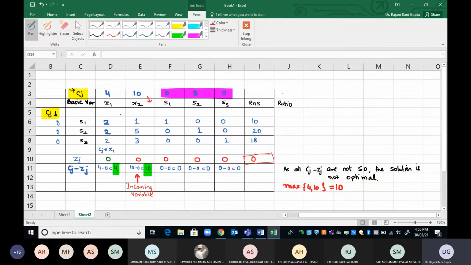So when this calculation was done, the employer saw that if the x1 variable enters the company in the position of s1, s2, s3, the employer will get a profit of 4 units. On the other hand, if x2 is introduced in place of s1, s2, s3, it will give a profit of 10 units. So definitely the employer wants to try the one which is giving maximum profit, right? So out of 4 and 10, 10 is giving maximum profit. So the employer wants to introduce x2.